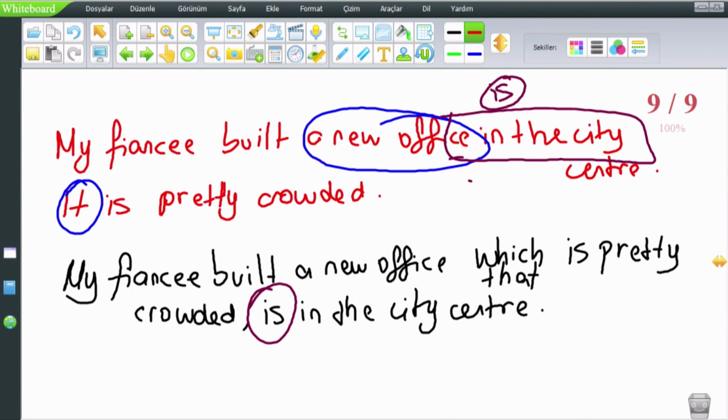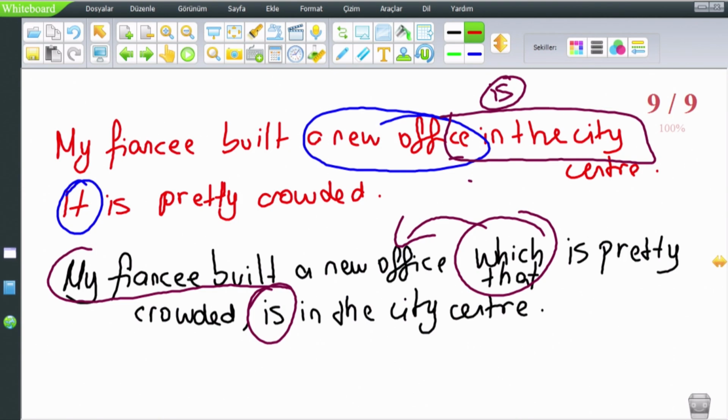Even though there is not an is related with its being in the city center, we have to put that information in the new sentence that we have created. Because otherwise, the information would not be complete. So I started with our regular sentence. My fiancé built a new office. Right after it, I put the relative pronoun, the correct, appropriate relative pronoun.